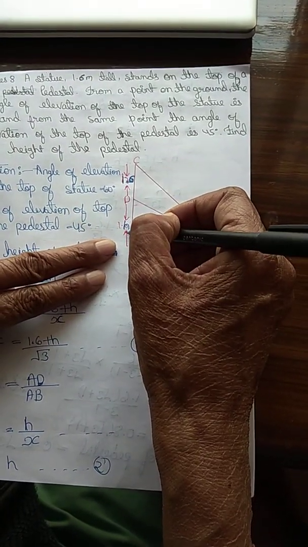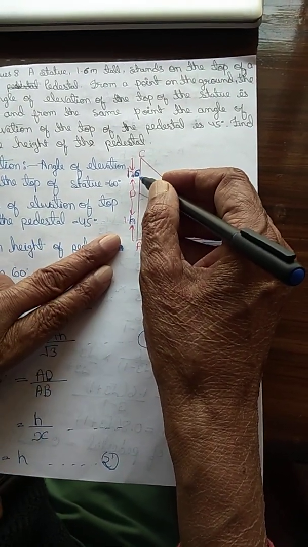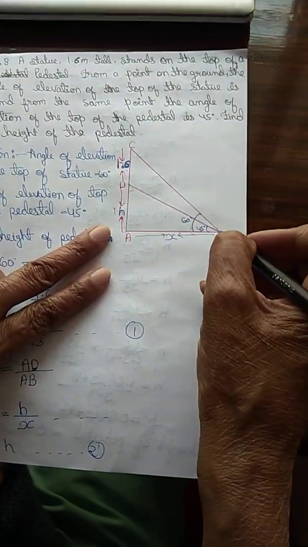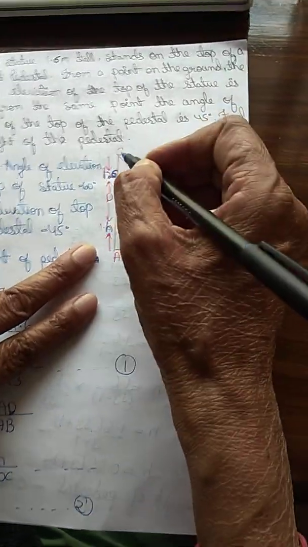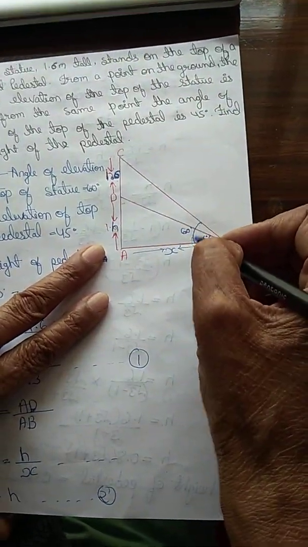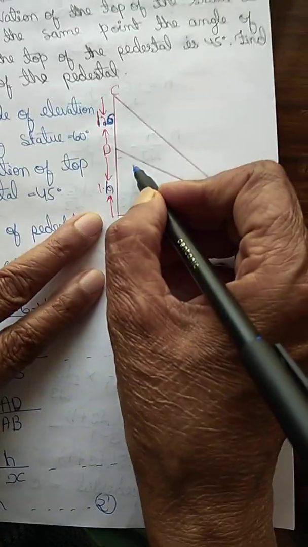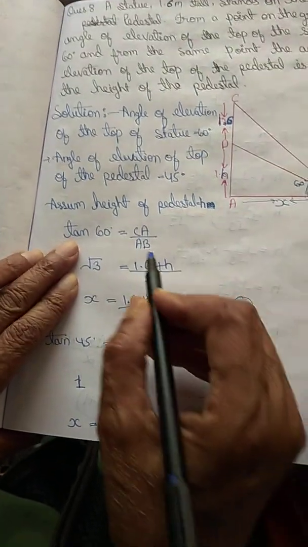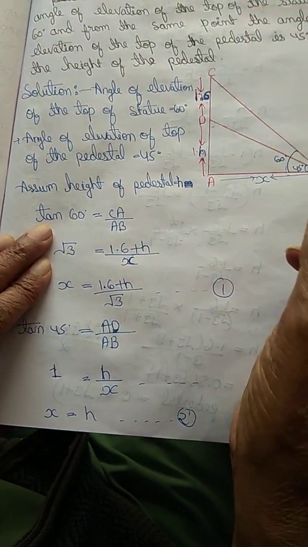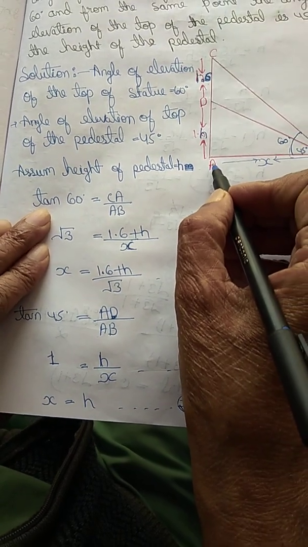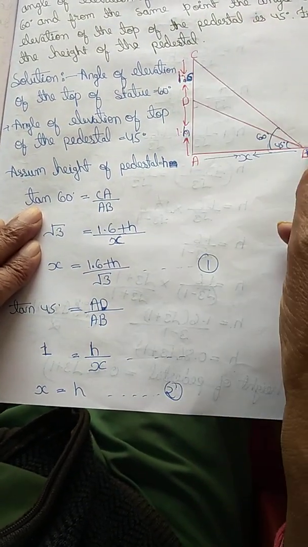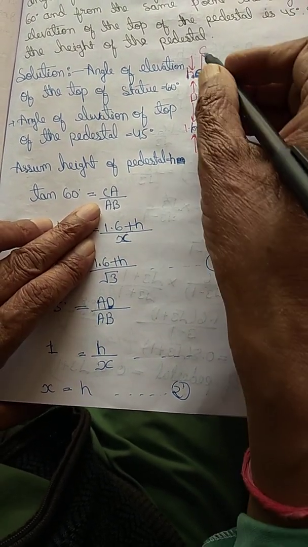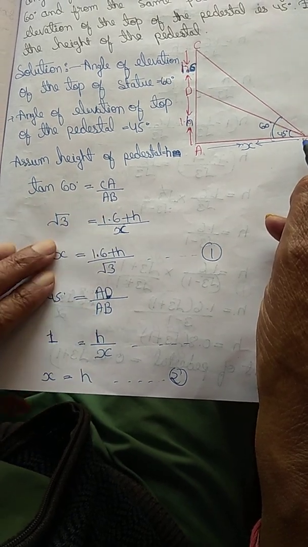Assume the height of the pedestal is h. Now from point C, the angle of elevation of the statue is 60 degrees and that of the pedestal is 45 degrees. So in triangle ACB, tan 60 is equal to CA upon AB.